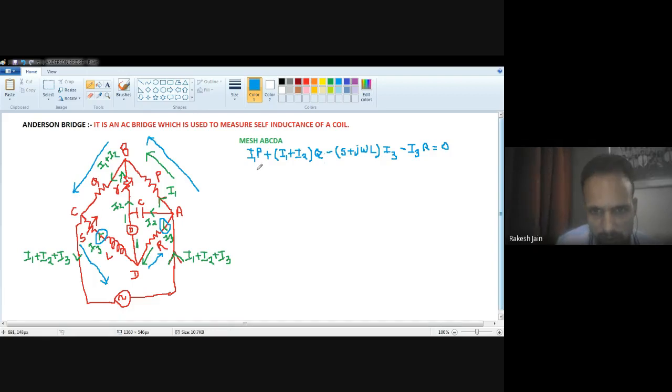See very carefully. I1 I write together, so in bracket I will have P plus Q, plus I2 Q, that is equal to I3, which will be common from these two negative terms, and in bracket we will have S plus R plus j omega L, or S plus j omega L plus R. Both are the same. Let this be equation number 1.